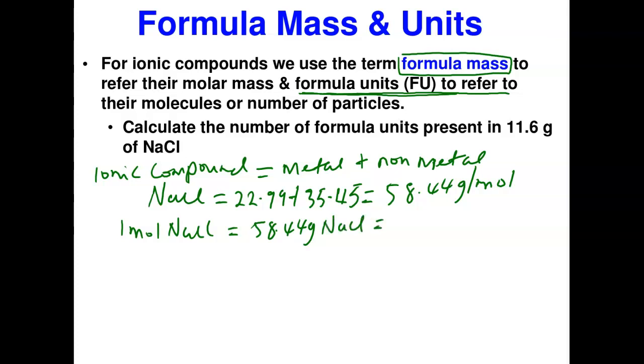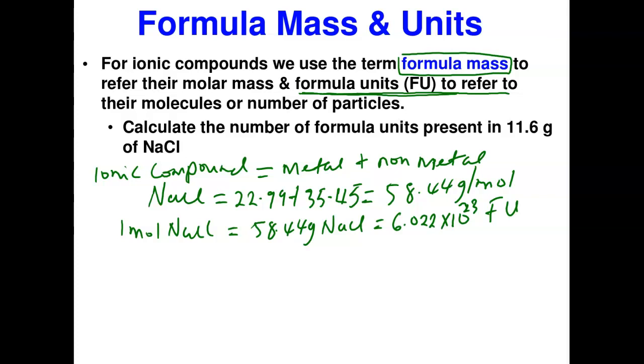And this will be equal to, again, 6.022 times 10 to the 23 formula units. So if this was a molecular compound, I would just say molecules. But because it has a metal as part of the compound, I'm going to use the word formula unit. That is how it comes in.